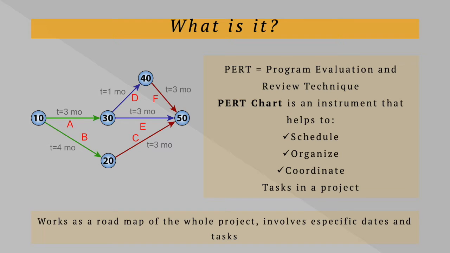It also helps us to coordinate our activities and to visualize how they are correlated and dependent on each other. In other words, a PERT chart works as a roadmap of a project where we can visualize entirely the tasks and the time that they will take.